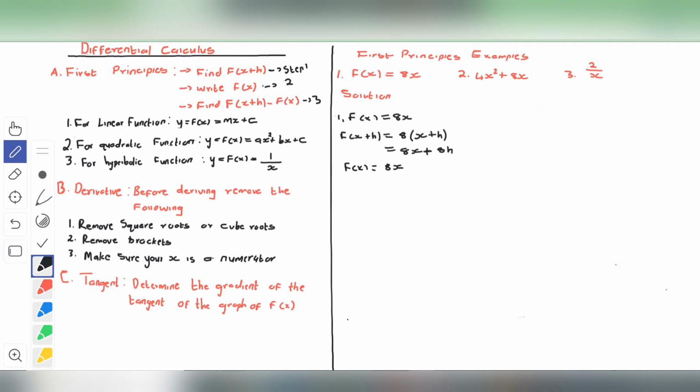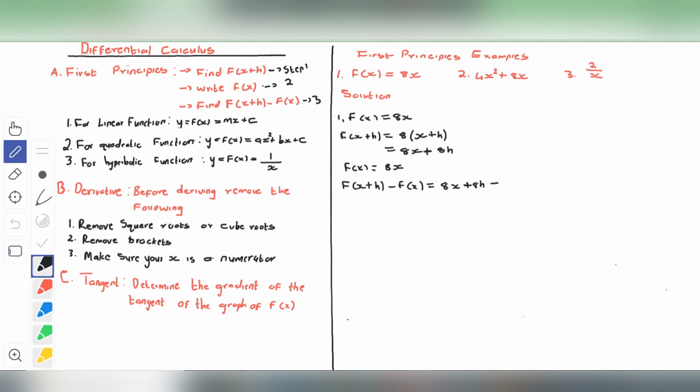So meaning I'm going to write it down also. The first step was 8x plus 8h, right? We can also see it, f of x plus h is equal to 8x plus 8h, right?